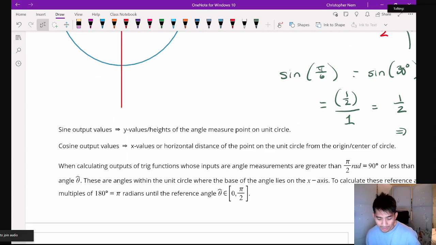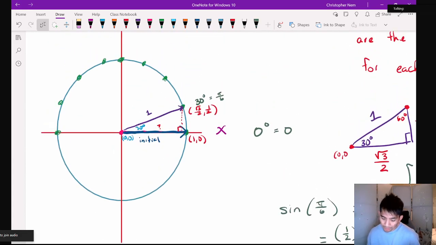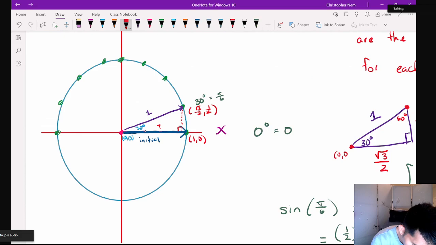Now, this is all nice and dandy for 30, 60, 45 degrees, etc. Once I get to this point right here at the very top, let's call this the North Pole, the dot on the North Pole. Well, this guy right here, again, the center is 0, 0. If I'm going from the center to the very top, I did not move left or right.